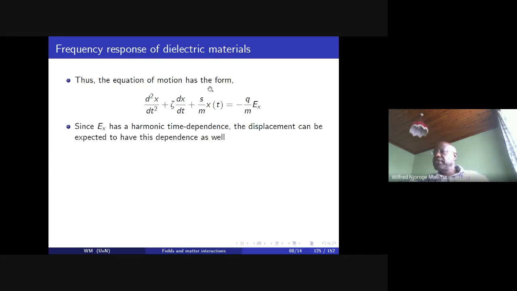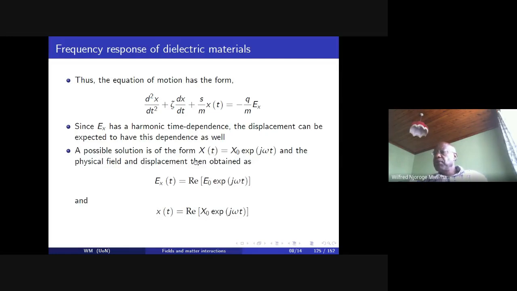So this equation is a simple harmonic equation, and we can see that with Ex having harmonic time dependence, the displacement can also be expected to have a similar dependence. Therefore, we are going to guess a solution for x of t that has a harmonic time dependence as well.